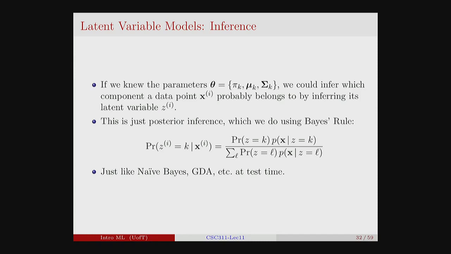So what you're going to do is you're going to guess. You're going to take the current set of parameters in your model, and you're going to run Bayes' rule to infer what your latent variables are. So this X is an n by d matrix, and the Z is going to be some n by k matrix, and you're going to infer that n by k matrix. It's going to be the result of doing some computation, namely this one.